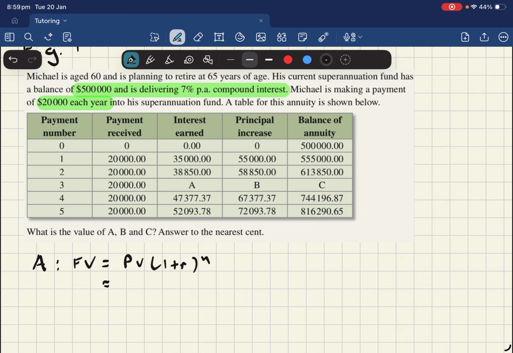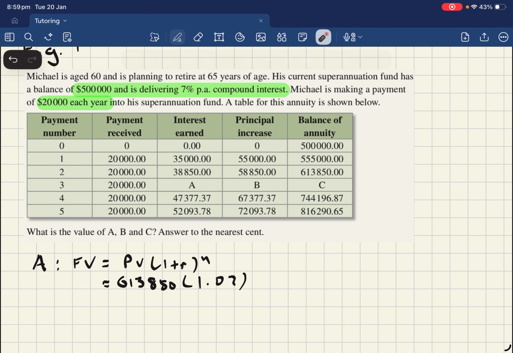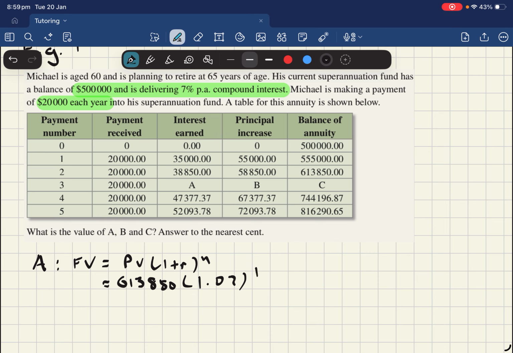So here, our present value is $613,850, and it's 1 plus 7%, so 1.07. And this is just 1 year that this is accruing, so we're going to put the power as 1. And we can see here that once we put it into our calculators, it'll give us $656,819.50.